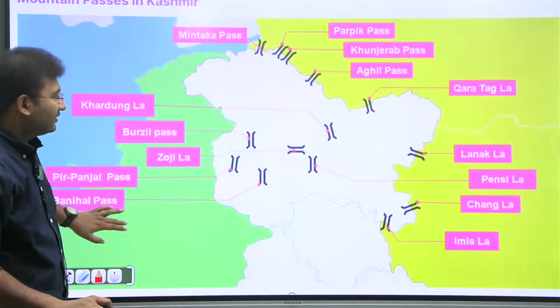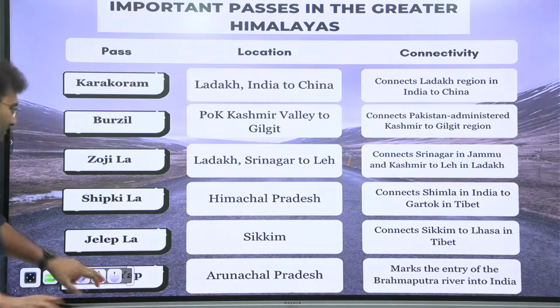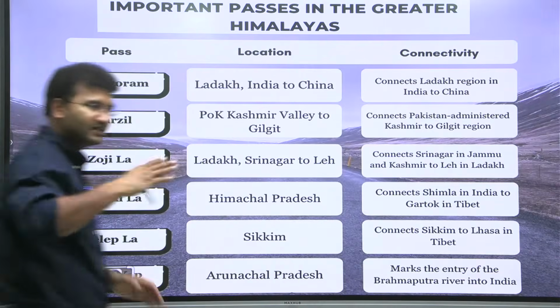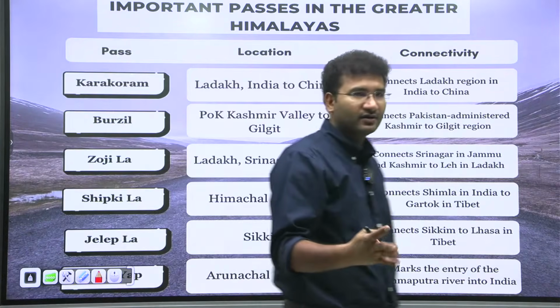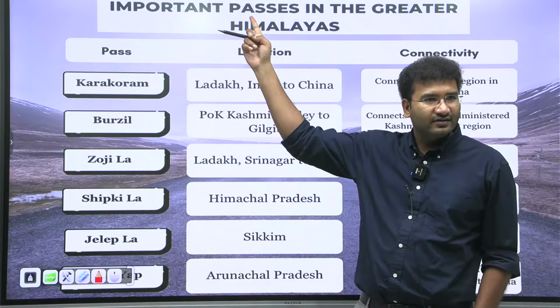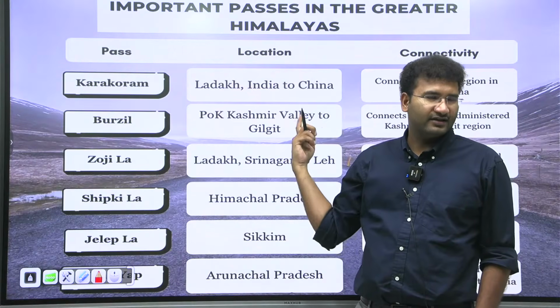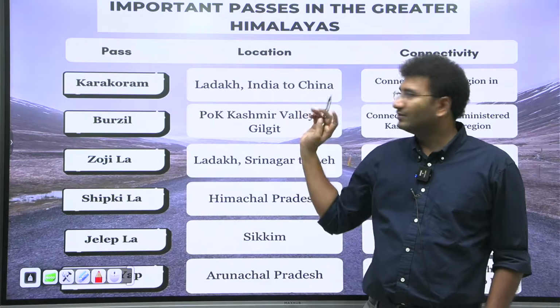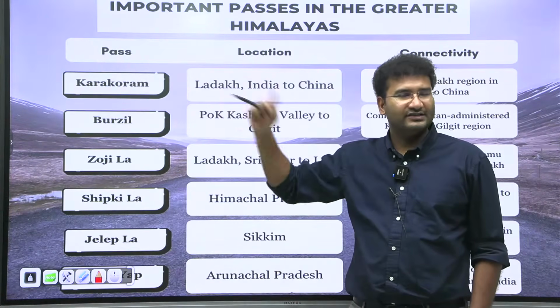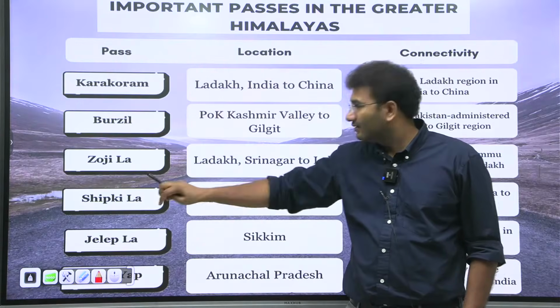Then a few other passes are there. See, Karakoram Pass. It is nothing but a pass that cuts the mountains of the Karakoram, right? It is connecting Siachen to Kargil, that is Leh Ladakh. Burzil, Chodo, Zojila, that is Srinagar to Leh.